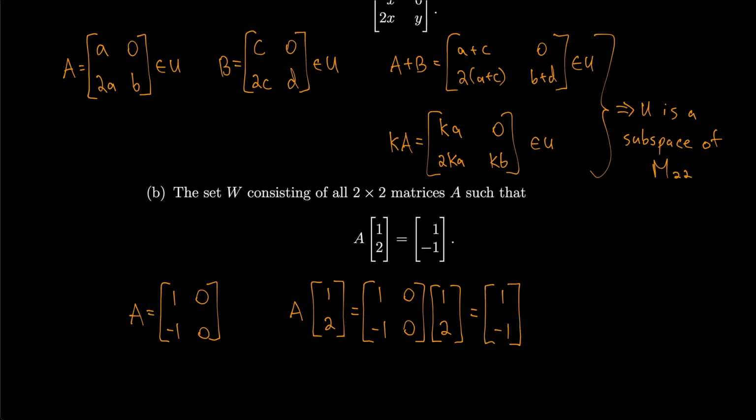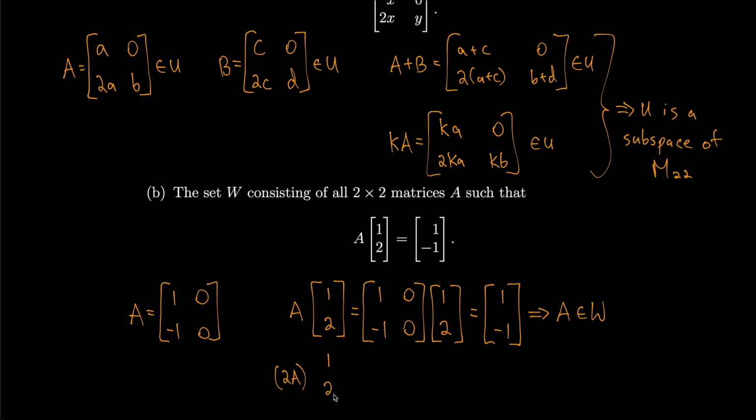Okay, so my A worked so far, because that means that A is in fact in W, because multiplying by 1, 2 gave me something where I get 1, minus 1. Let's look at a scalar multiple of it though. Let's say 2A.